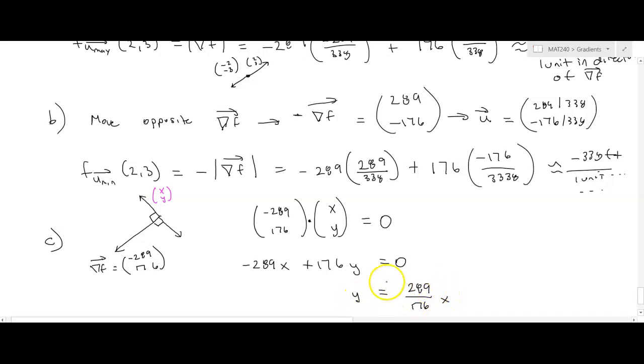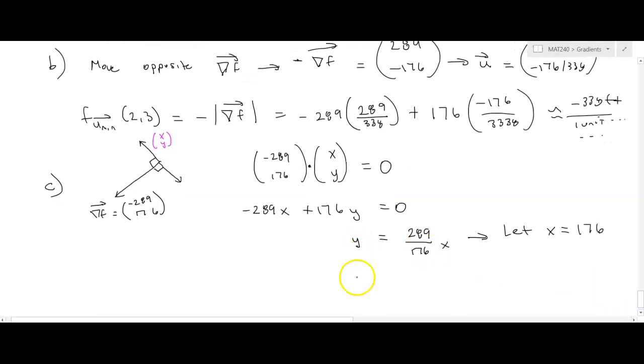So as long as you pick any value of x such that y is 289 over 176 of that value, so if I let x equal 176, then that means y will be 289 over 176 times 176, which will be 289. So that would be one vector that would be perpendicular to the gradient.